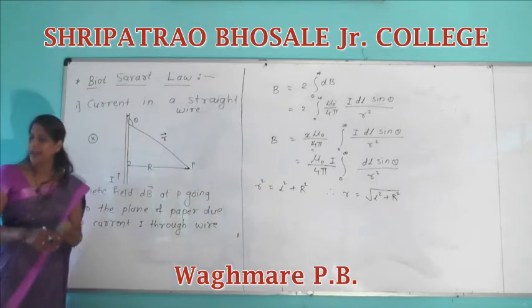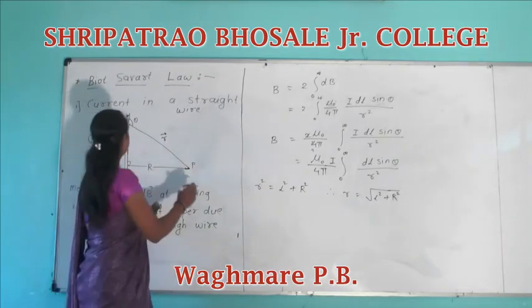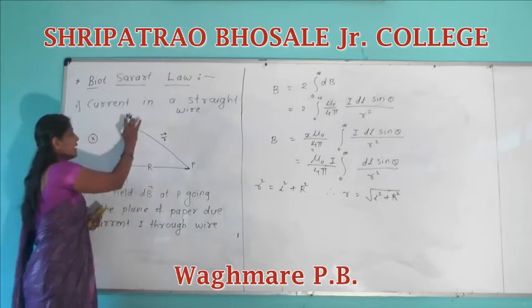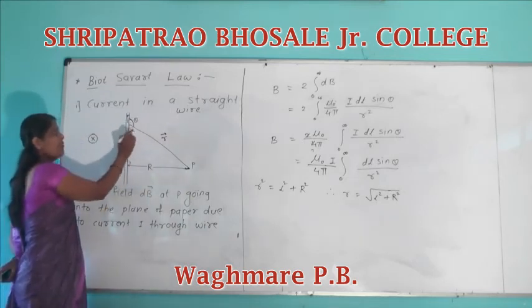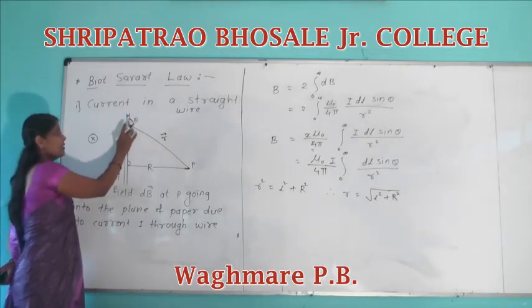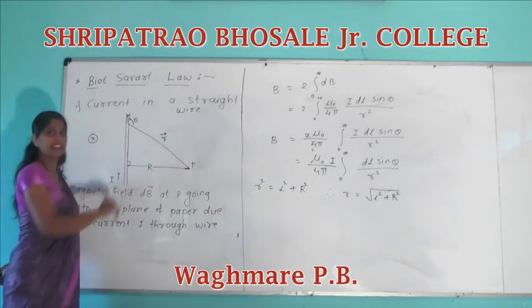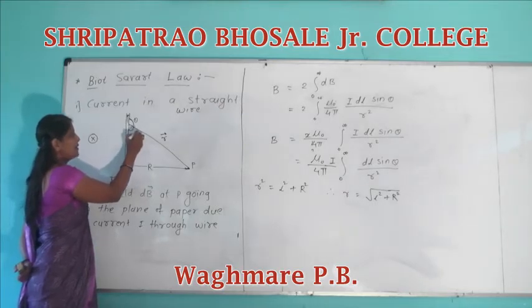Now again, when we consider this angle theta, the total angle is 180 degrees, or we can say pi. Therefore, this angle will be equal to pi minus theta.